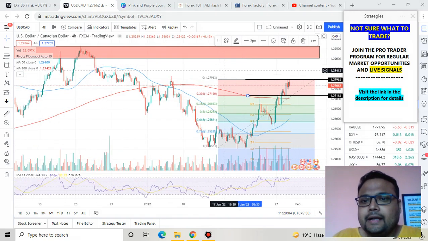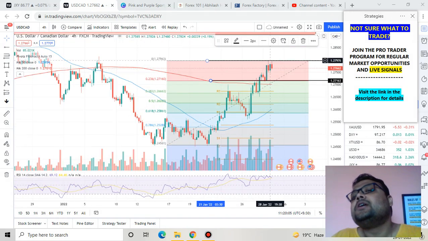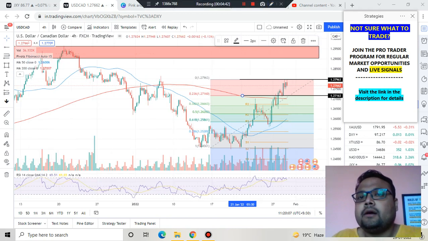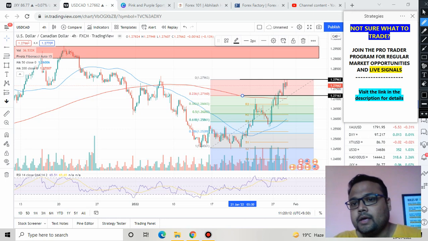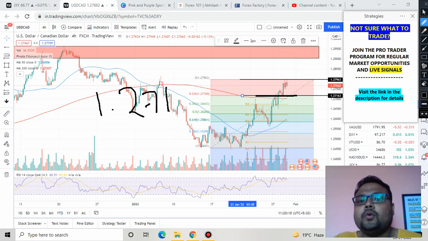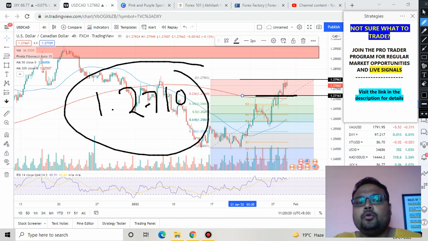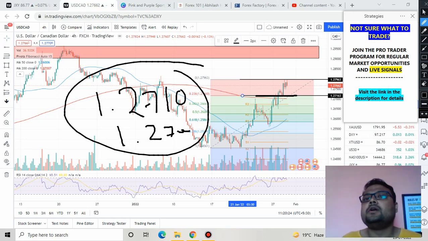In case the market does not go for a breakout, and after the market opening we see USD CAD coming down, then your important level will be 1.2710 to 1.2700. If the market comes down for a retracement, this level will be very important for you.